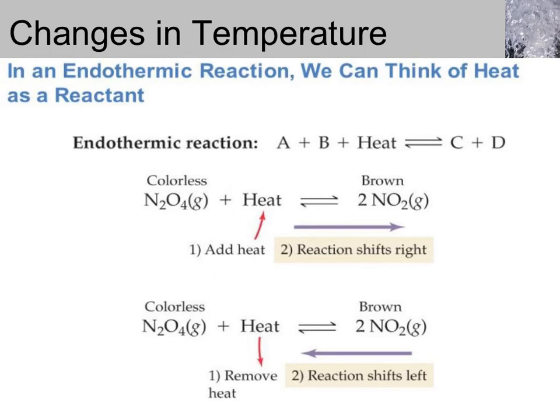All right, almost done with this lecture. Let's look at the same type of scenario, but for an endothermic reaction. An endothermic reaction is one that must absorb or take in heat in order to occur. So heat in an endothermic reaction is treated like a reactant. You literally write it in and then again treat it just like you would any other reactant.